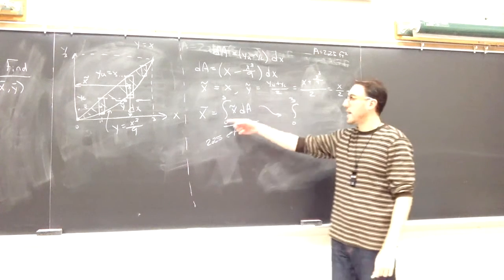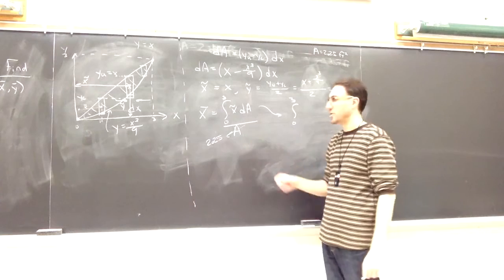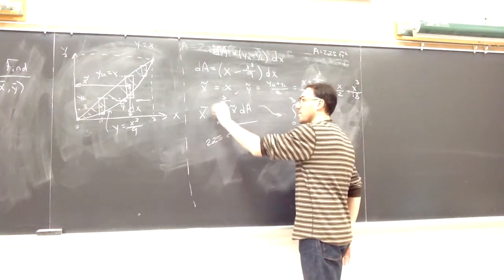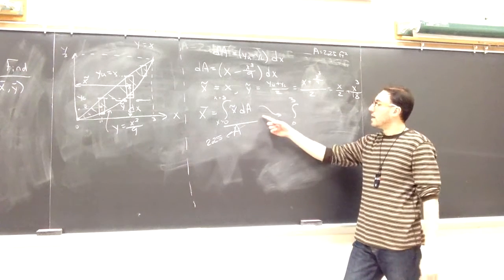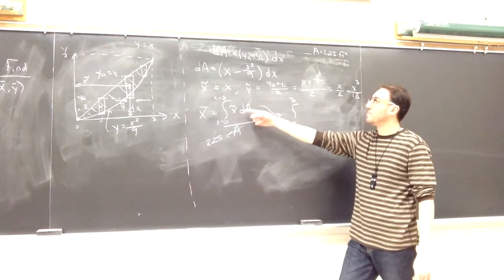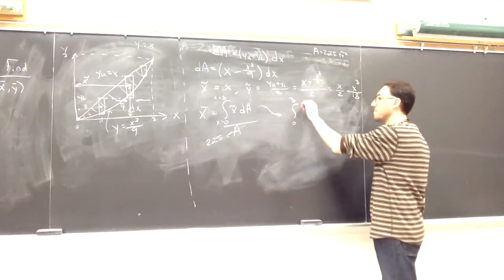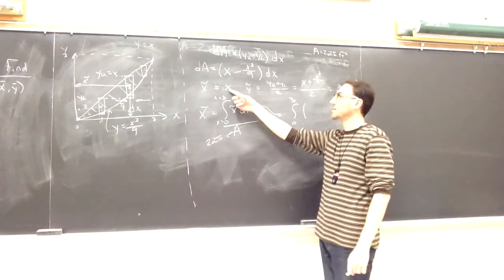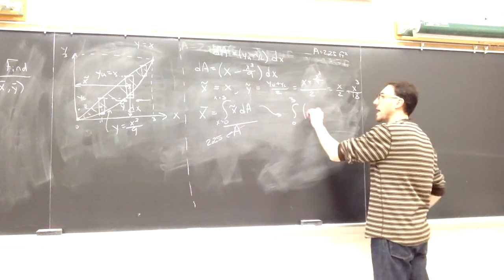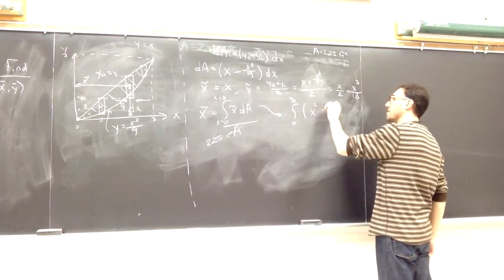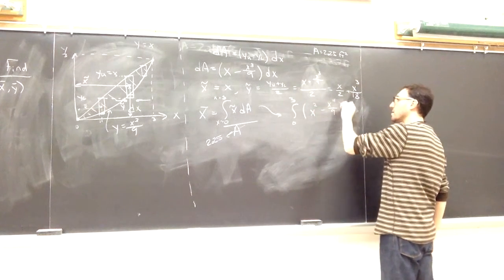Note it has the same bounds as the area expression did. It's still from x equals 0 to x equals 3. I'm going to take x tilde, and I'm going to multiply it by dA. X tilde for this is x, and dA is the same as how it was defined before. That will be x cubed minus x to the 4th over 9 times dx.